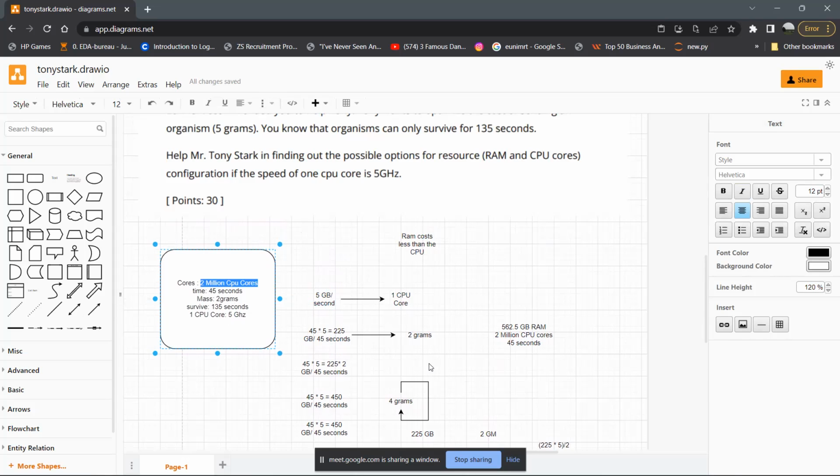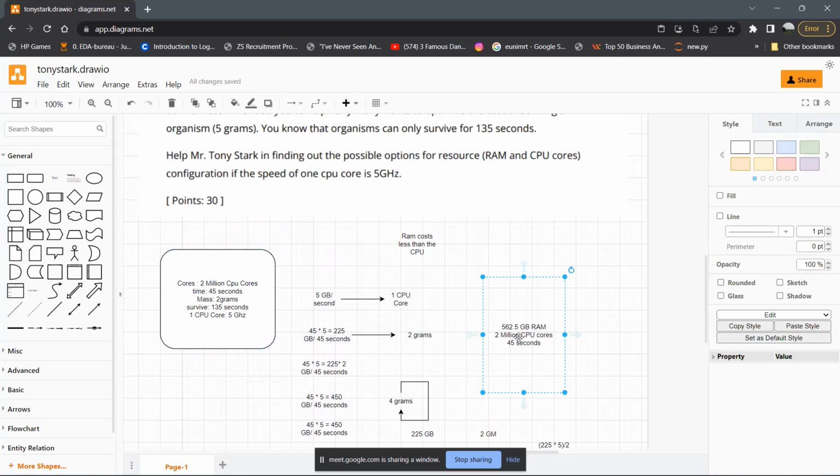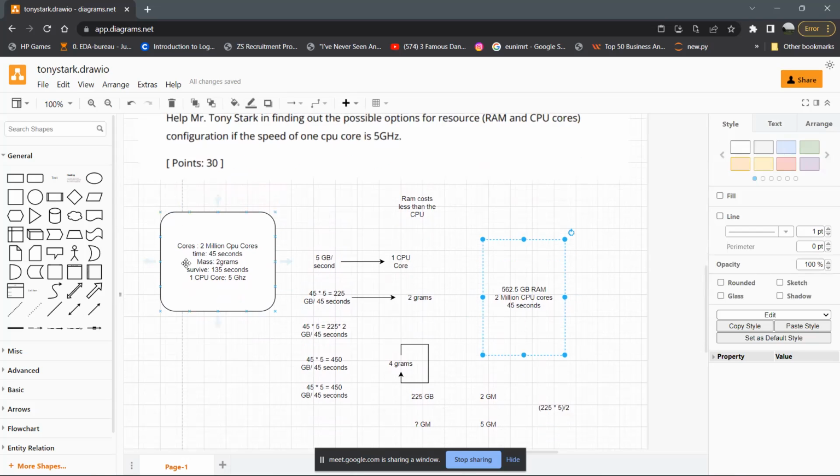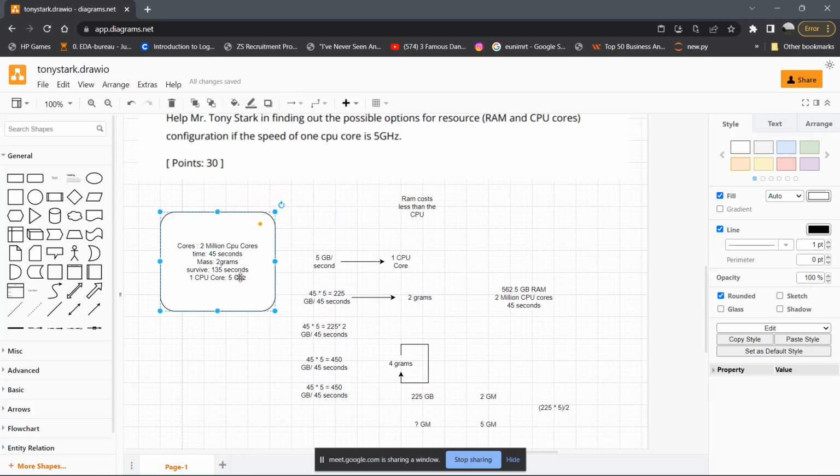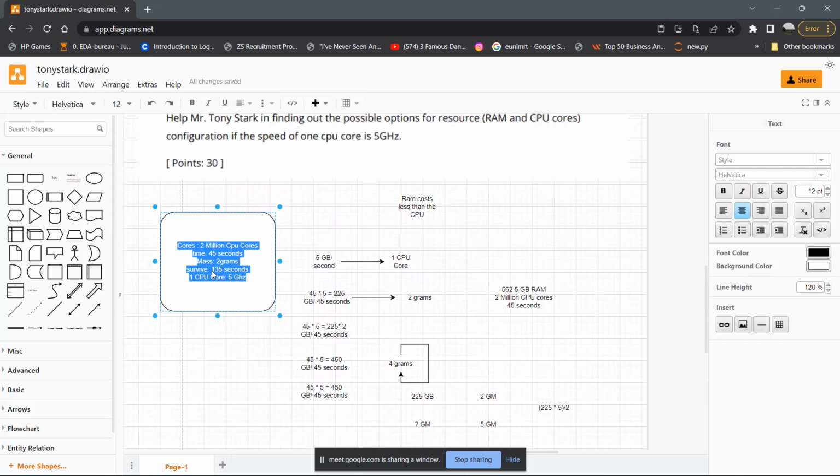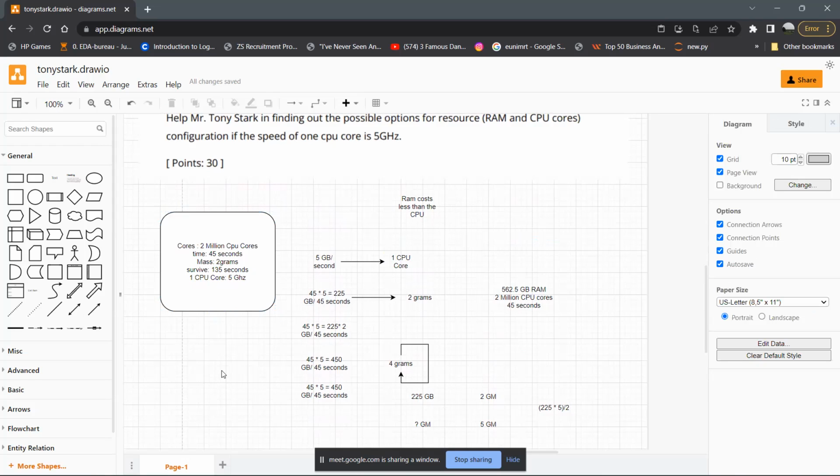Once you have increased the RAM and can transfer the 5 grams, you don't want to buy more CPU cores, you can reduce them. You have a limit of 135 seconds, so you reduce the number of cores so that those CPU cores can be used for something else.